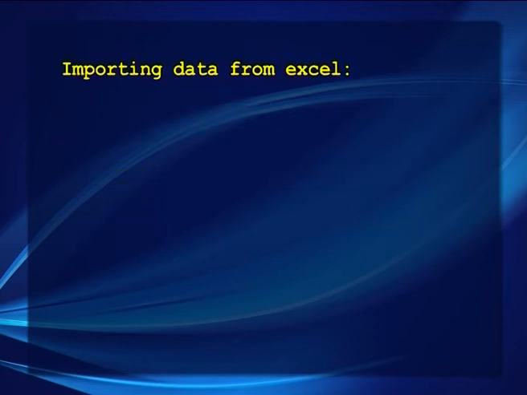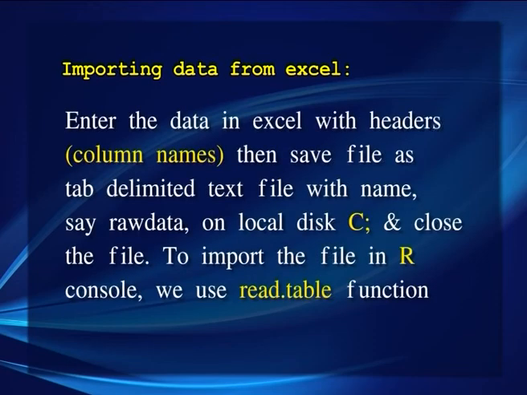Next we see how we can import data from Excel. Enter the data in Excel with headers, then save the file as a tab delimited text file with the name, say, rawdata on local disk C, and close the file. To import the file in the R console, we use the read.table function.